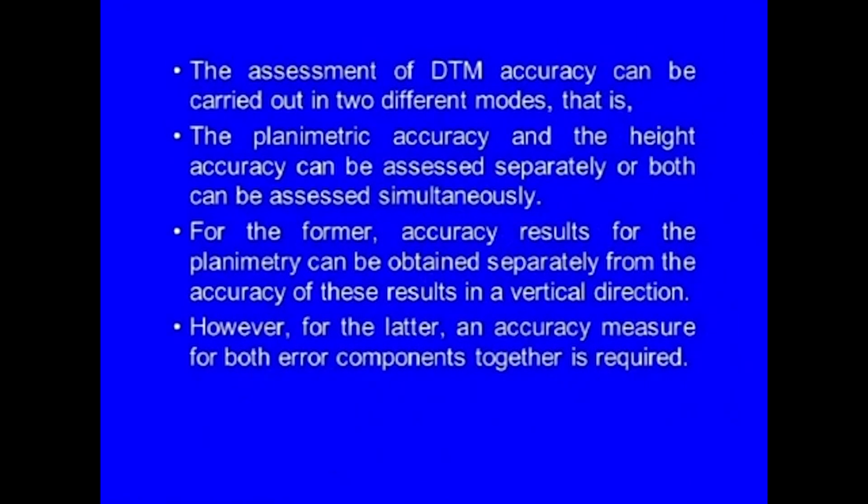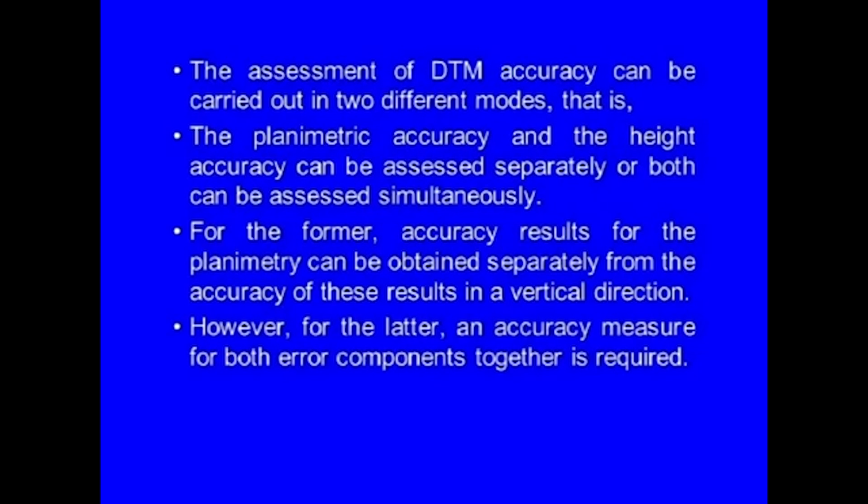The assessment of DTM accuracy can be carried out in two different modes, that is, the planimetric accuracy and the height accuracies can be assessed separately, or both can be assessed simultaneously. For the former case, the accuracy results for the planimetry can be obtained separately from the accuracy of these results in a vertical direction.